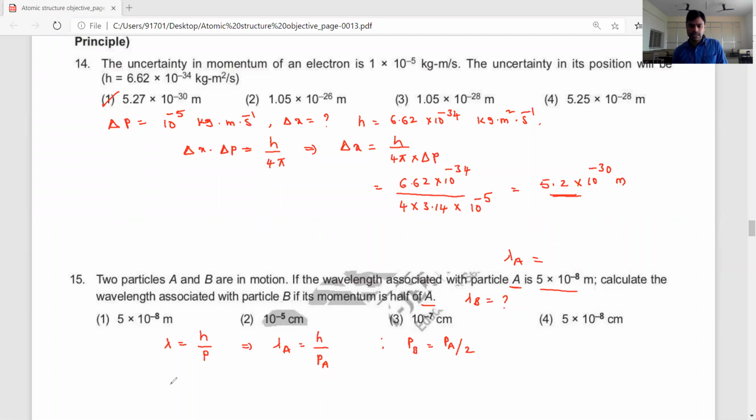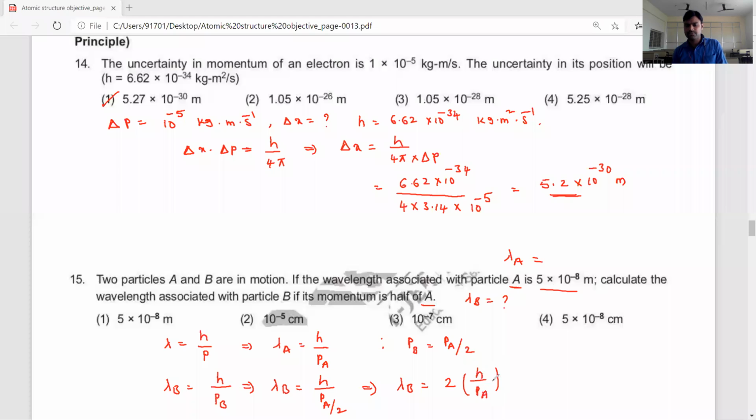So lambda B is equal to h by PB, and PB is PA by 2. Therefore, lambda B is equal to 2 into h by PA.